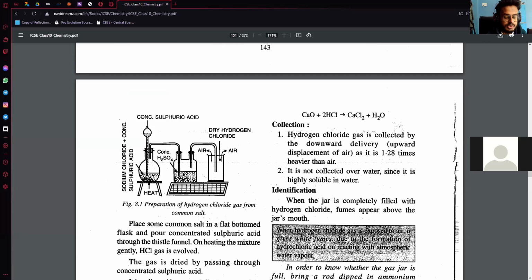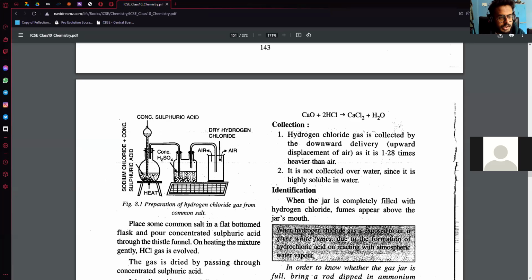HCl is bubbled through concentrated sulfuric acid because concentrated sulfuric acid is a drying agent, right? It is a drying agent, which means it soaks in all the excess water that is present in HCl. So if HCl has some content of water vapor or water in it, concentrated sulfuric acid will absorb all the water from HCl, and pure gas will be bubbled through and will come out.